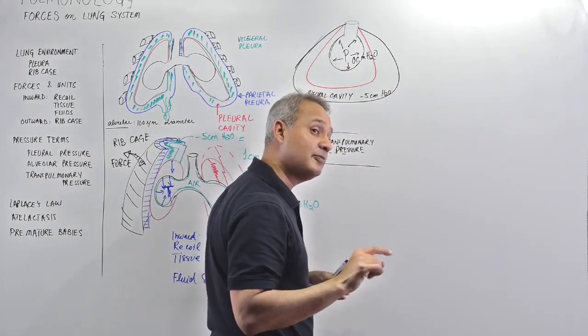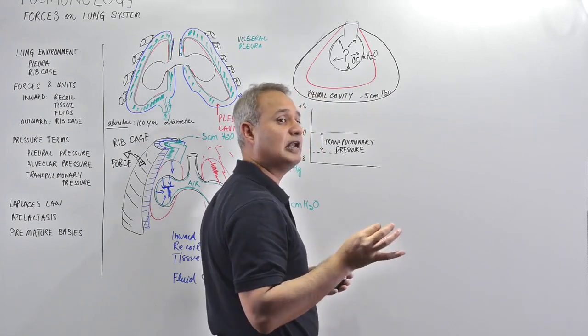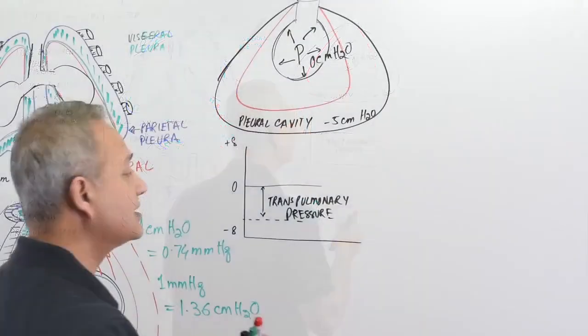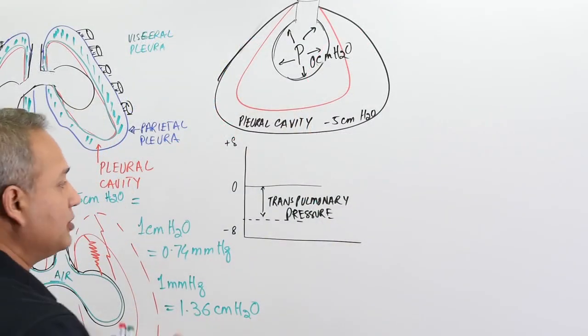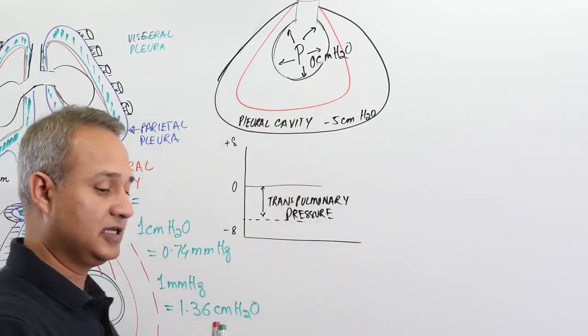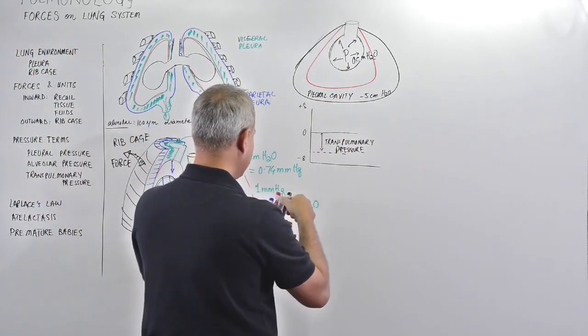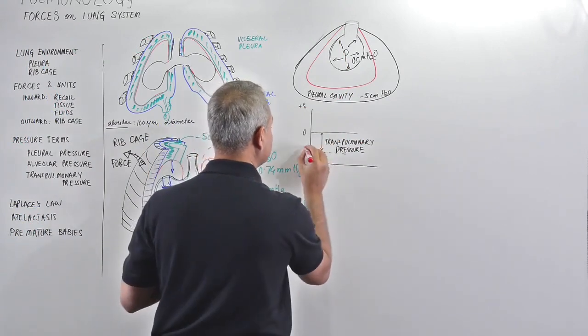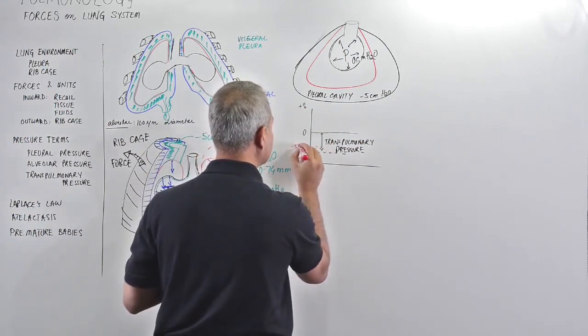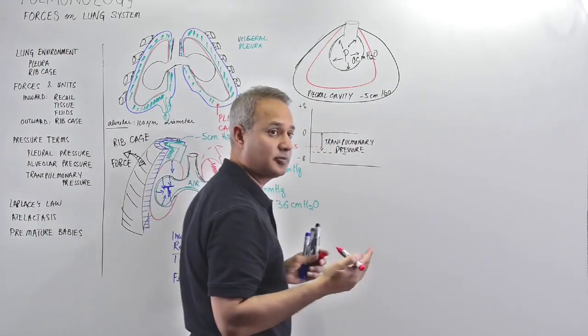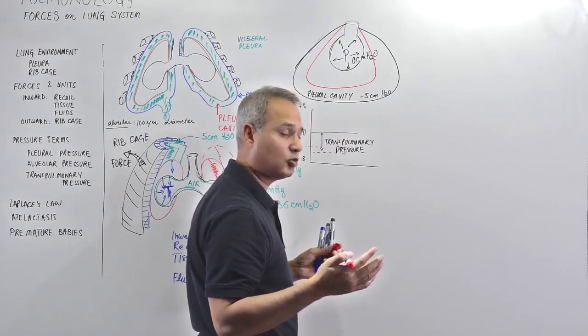It is different from pleural pressure, it is different from alveolar pressure. Please remember that. It's the difference between them. For example, when the alveolar pressure at rest is 0 and the pleural pressure is -5, then of course the transpulmonary pressure is -5 centimeter of water.